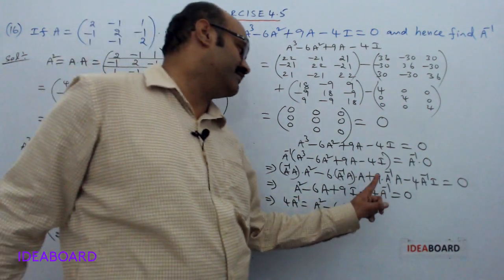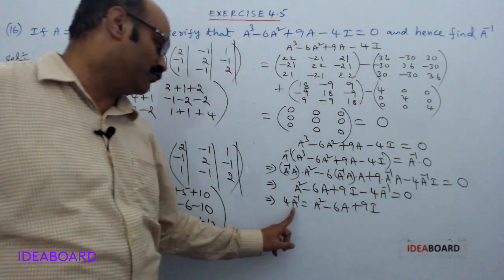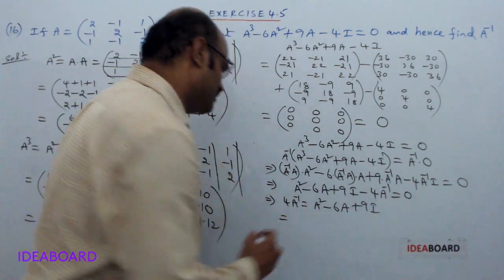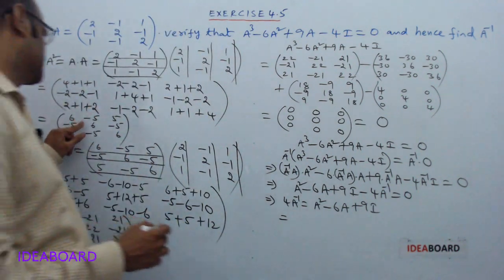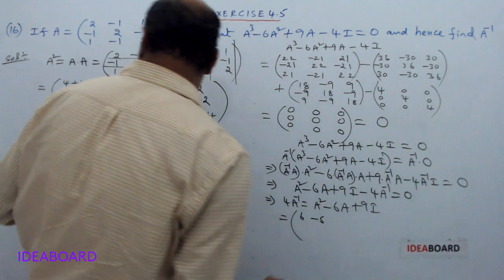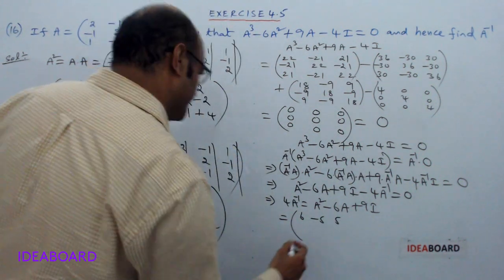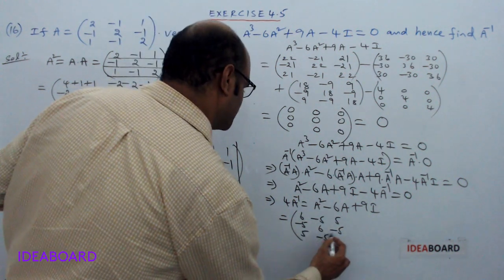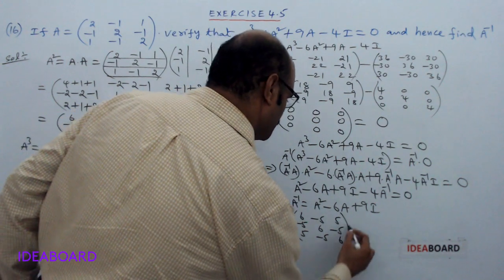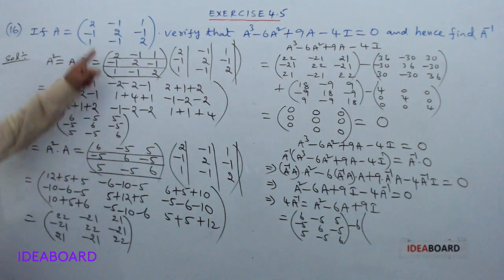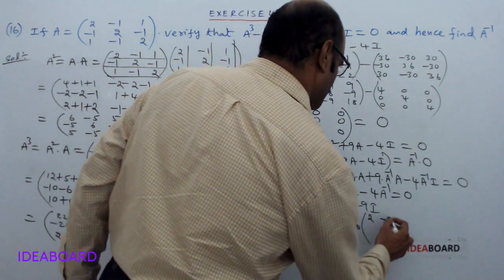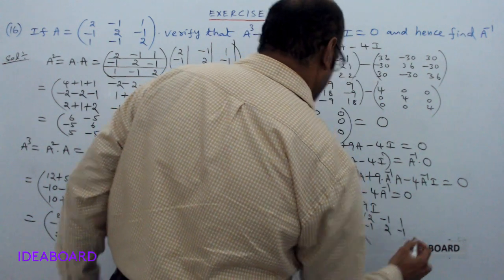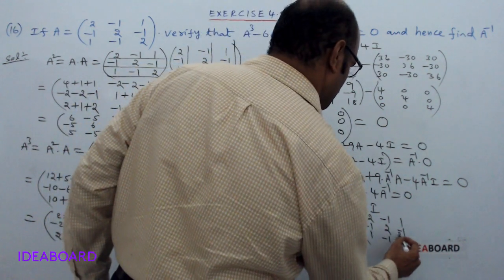Write minus 4A inverse from LHS to RHS. It's equal to 4A inverse equal to A square minus 6A plus 9I. A square equal to the matrix 6, minus 5, 5, minus 5, 6, minus 5, 5, minus 5, 6, minus 6 into A, which is 2, minus 1, 1, minus 1, 2, minus 1, 1, minus 1, 2.